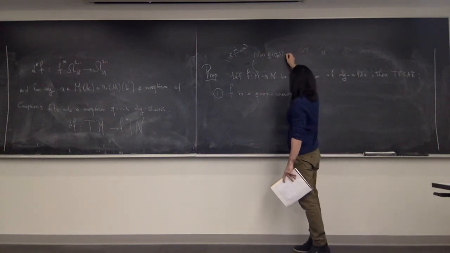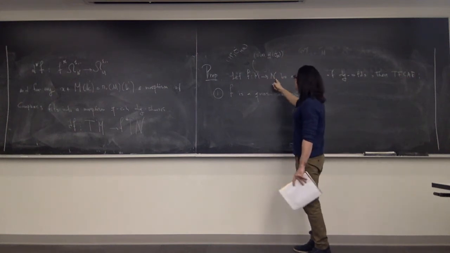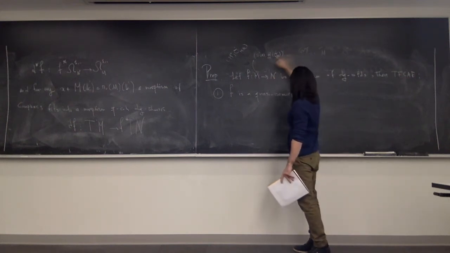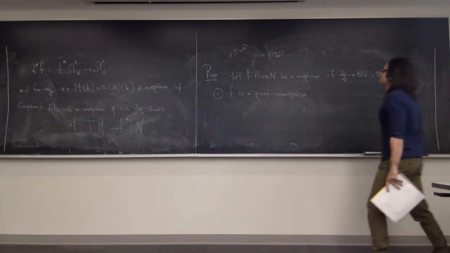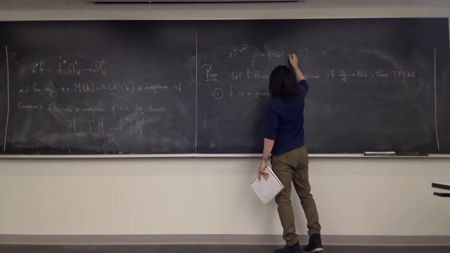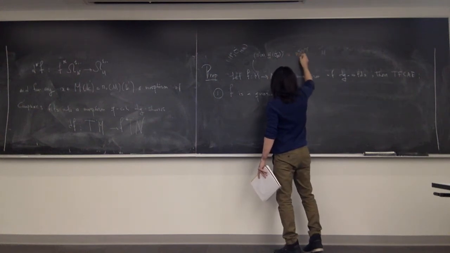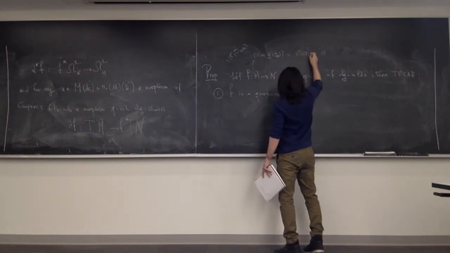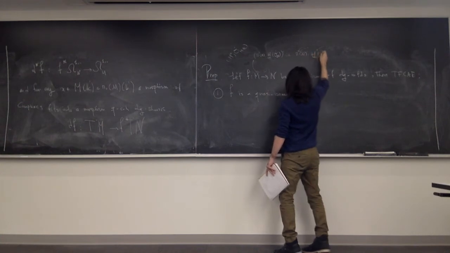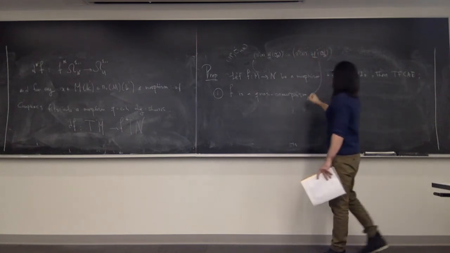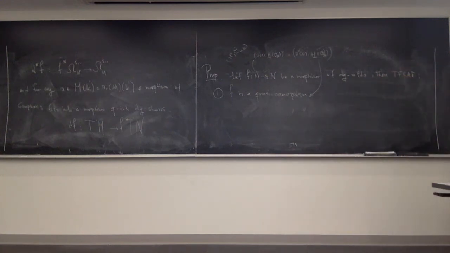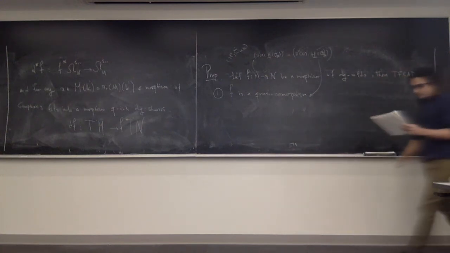So, in particular, a morphism between two schemes is called a quasi-isomorphism if at this level you have an isomorphism between the corresponding graded schemes. So that is that.